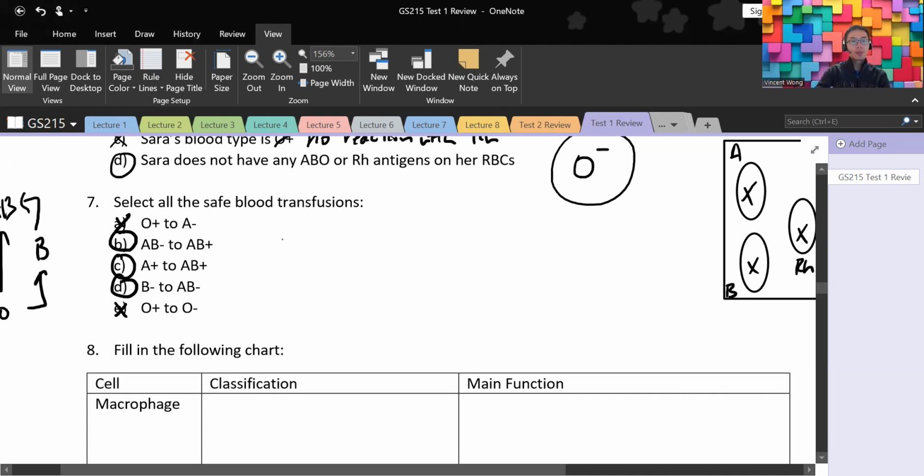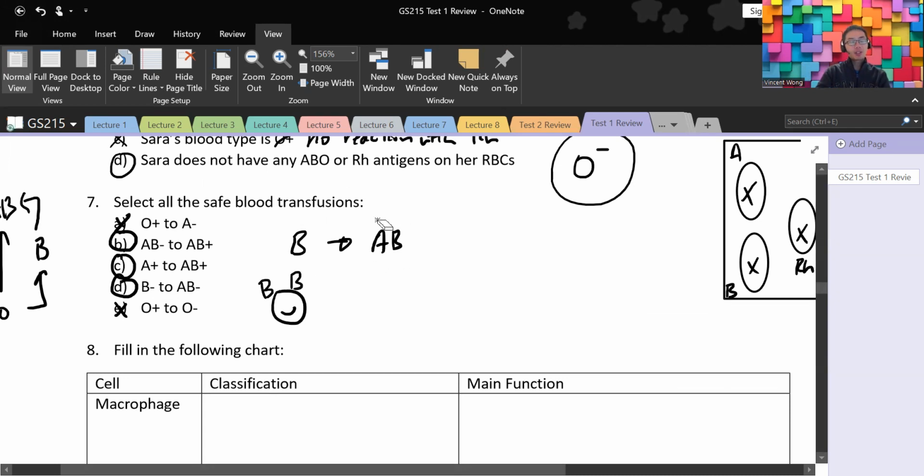Okay. So first of all, negative can be given to negative, right? That part is okay. B to AB. Right? So what's on the surface of the RBC for type B? It would just be B, right?